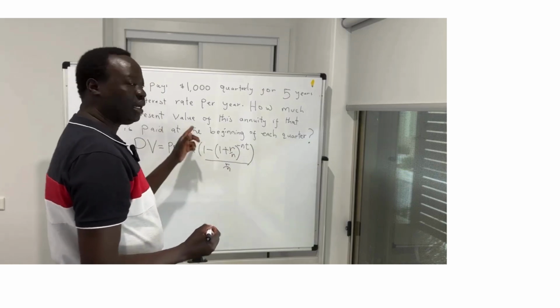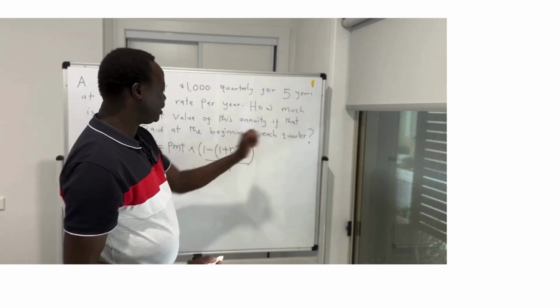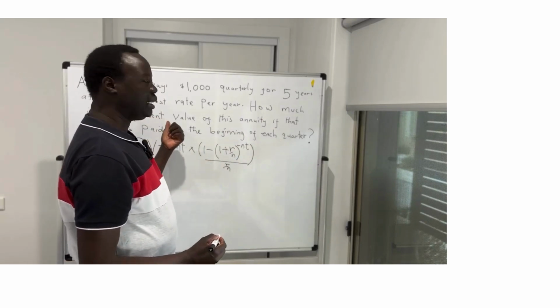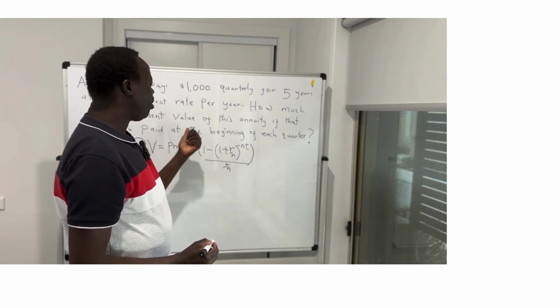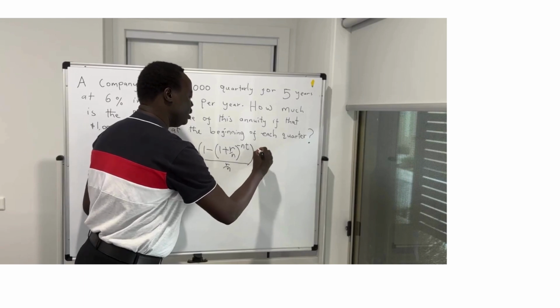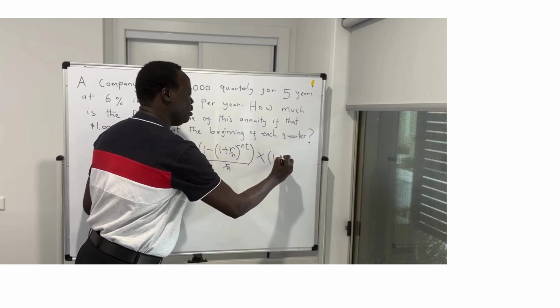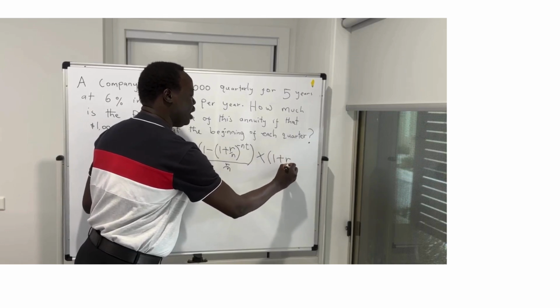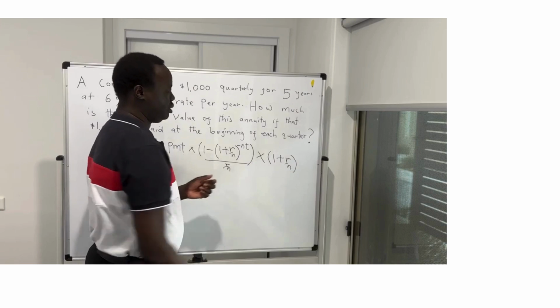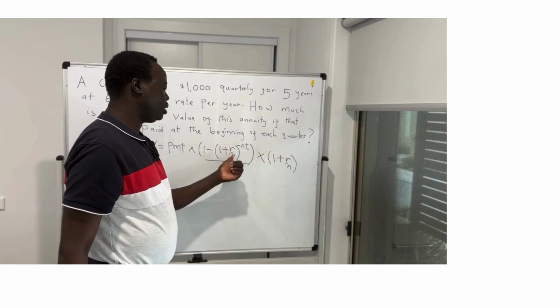And since this is happening at the beginning of each quarter, this is the present value of an annuity due, which gives you the other part. You multiply this by 1 plus R over N.